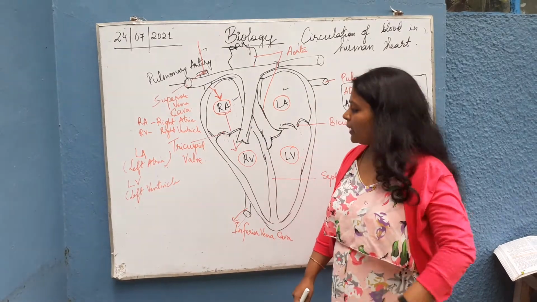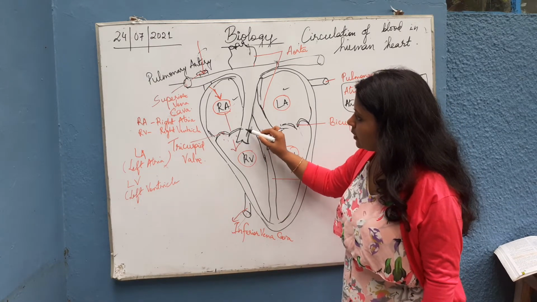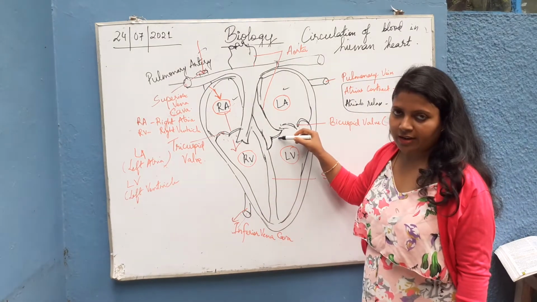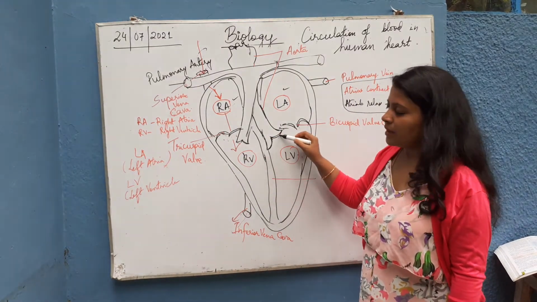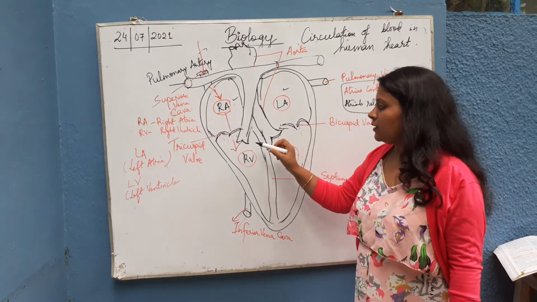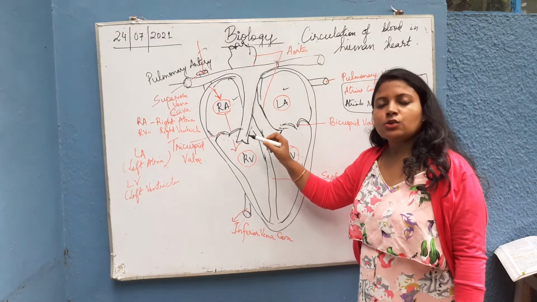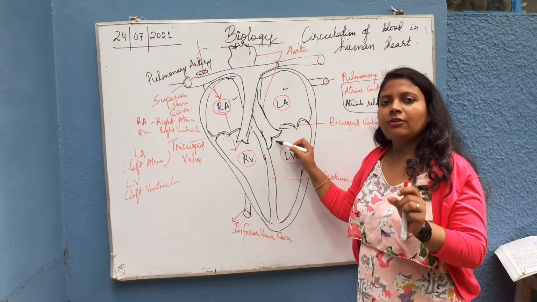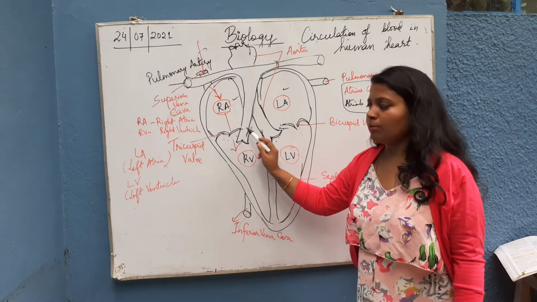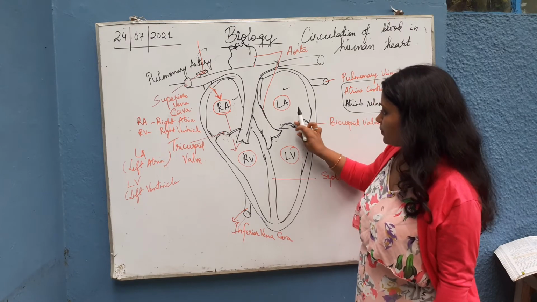So when it puffs up and tightens up, the openings of the pulmonary artery, here one opening and here the second opening from the ventricles, these two openings we call semilunar valves. The semilunar valves, that is the pulmonary artery valve and the aortic valve, these two valves will open up as the tricuspid and bicuspid valves close.